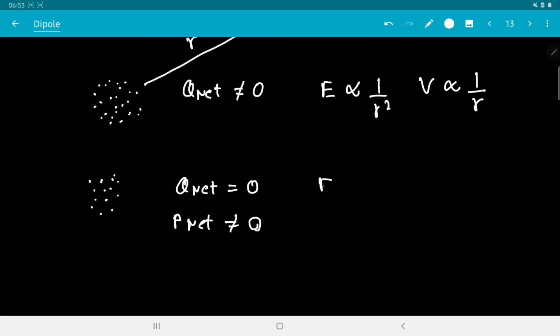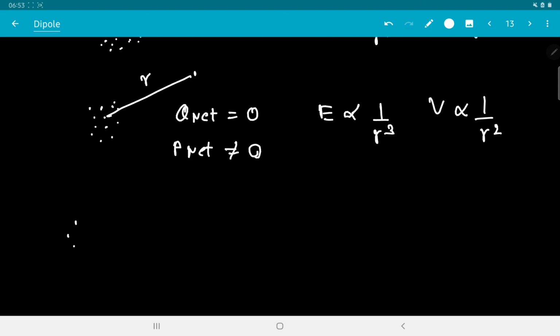In these cases the electric field will be inversely proportional to r cube and potential will be inversely proportional to r square, as we have seen in the derivation of electric field and potential. We have got kp by r cube and kp by r square.